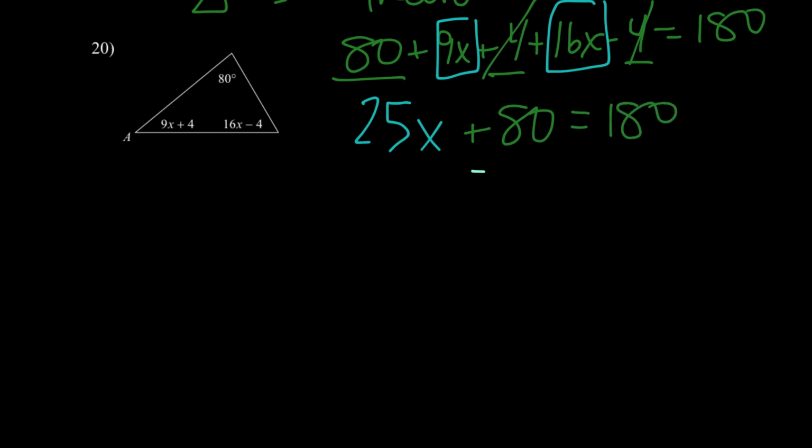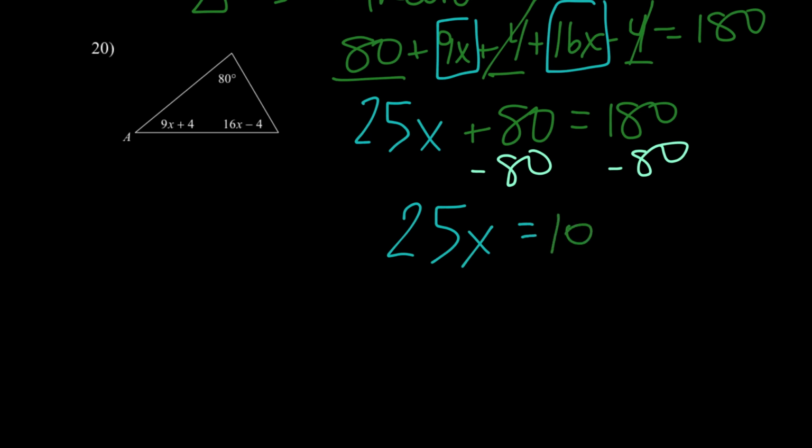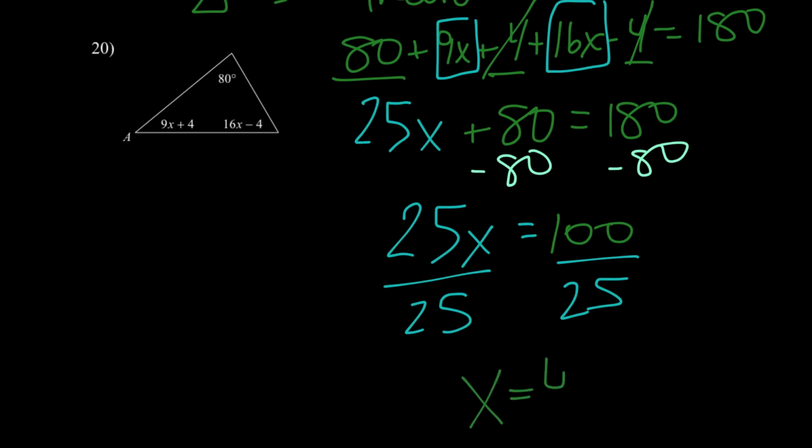Now I want to get the x's alone. So I'm going to subtract 80 from both sides. So 25x equals 180 minus 80 is just 100. And my last step is to divide out 25 on both sides. And I'm left with x equals 4.